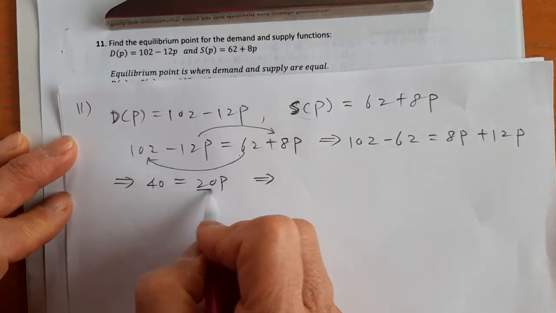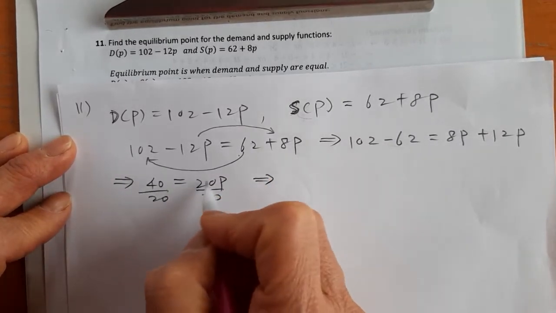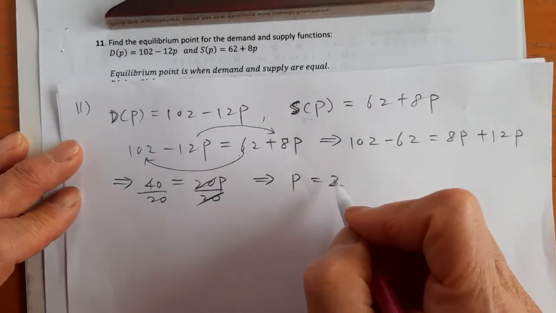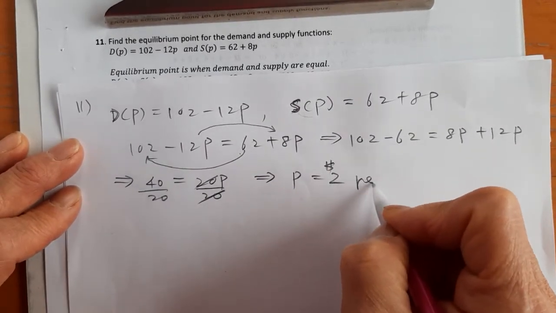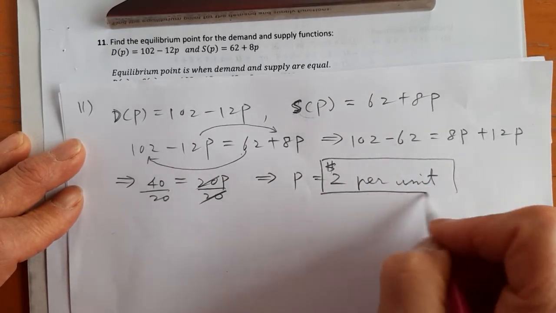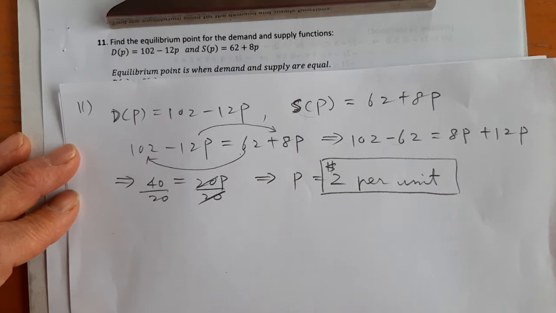Then you divide both sides by 20. Cancel, so we get p equals 2, which is $2 per unit. When the price is $2 per unit, the demand and the supply are equal.